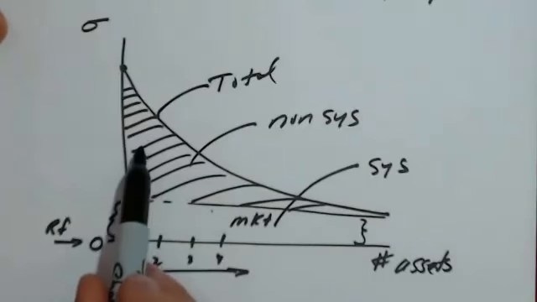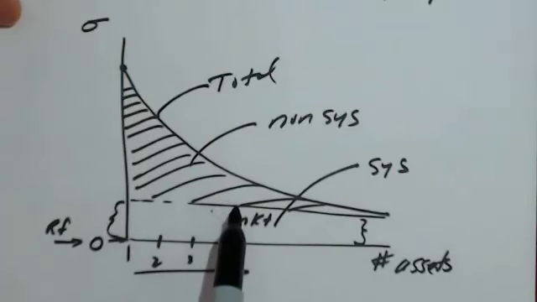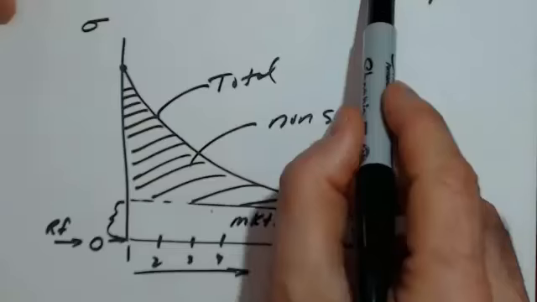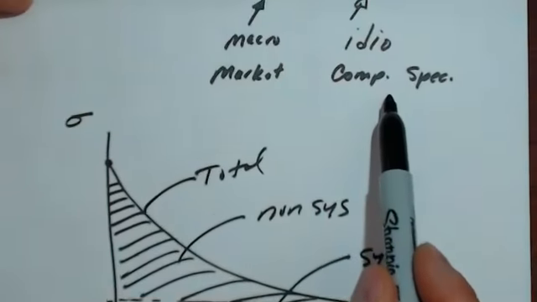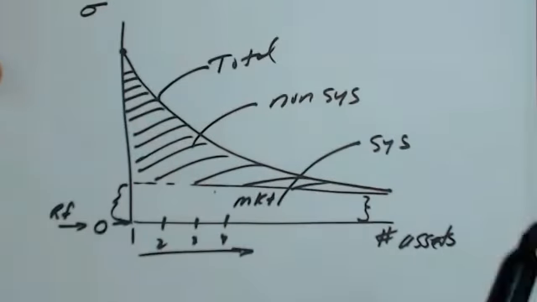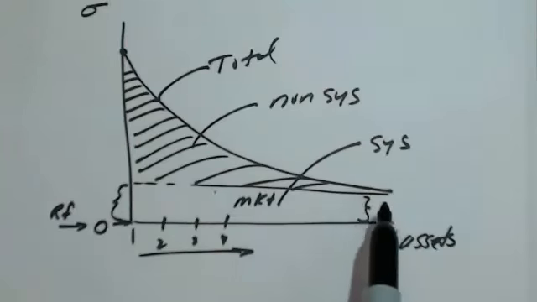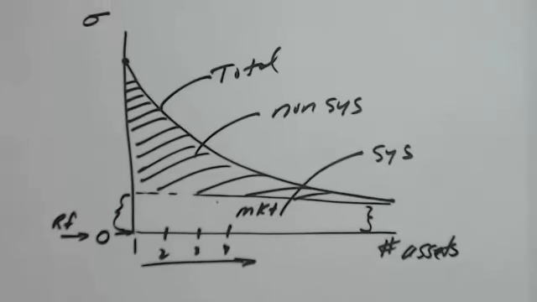So what happens is, as you add more and more stocks to your portfolio, you get rid of idiosyncratic, company-specific, non-systemic risk. It washes out. And all you're left with is market risk. And market risk is macro in nature. It's the things that affect everybody.